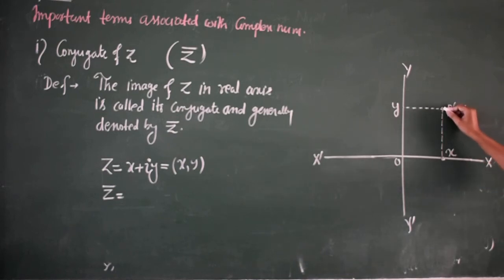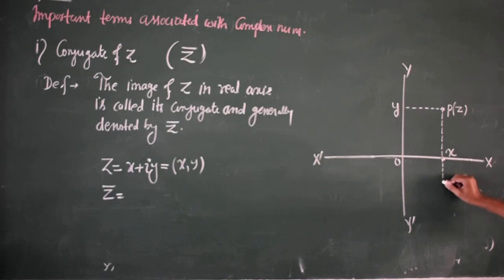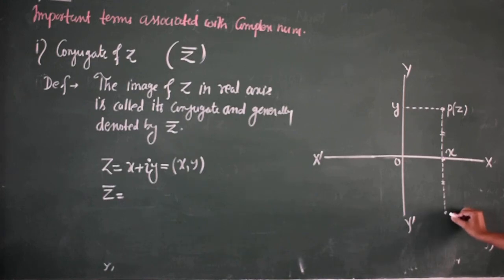We will get the image of point P at the same distance behind, so this distance and this distance will be the same. Clear? So this point represents the image of point P, and according to the definition, this point will represent the conjugate.